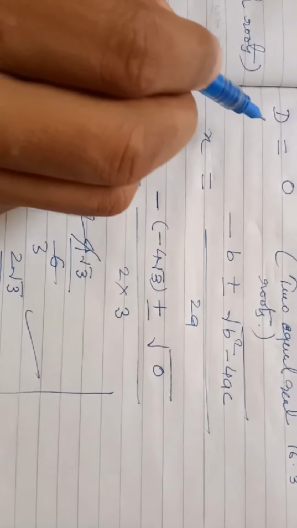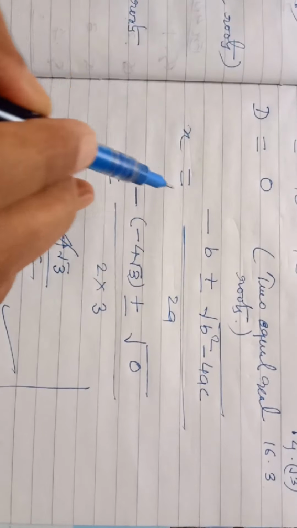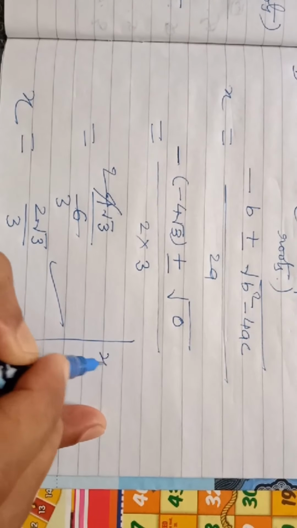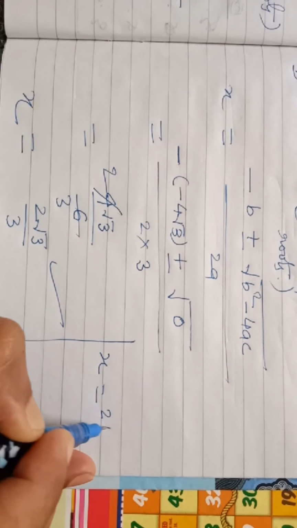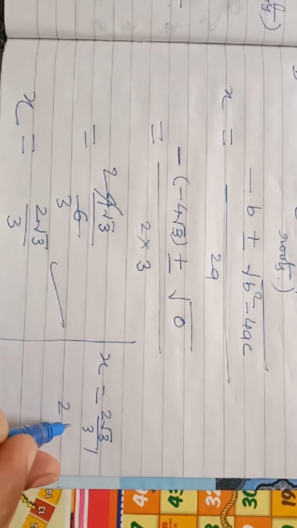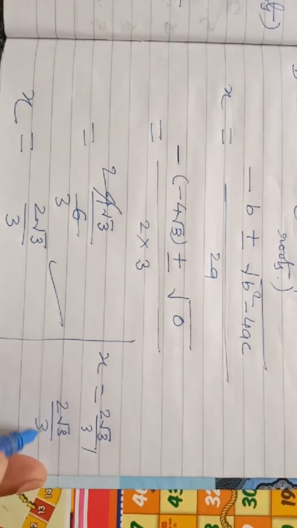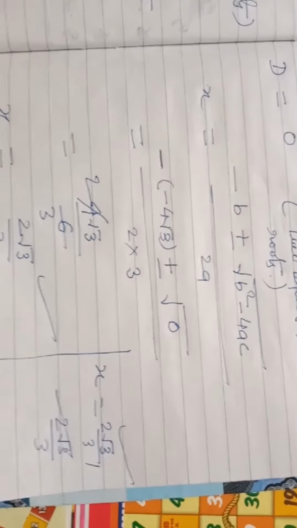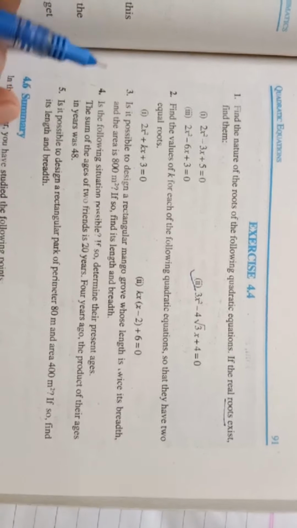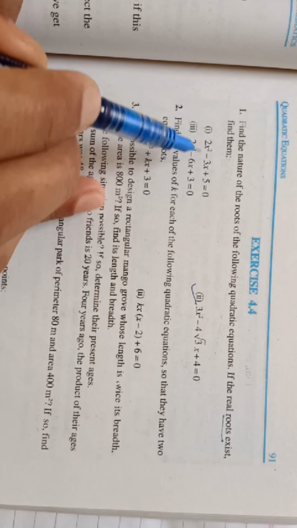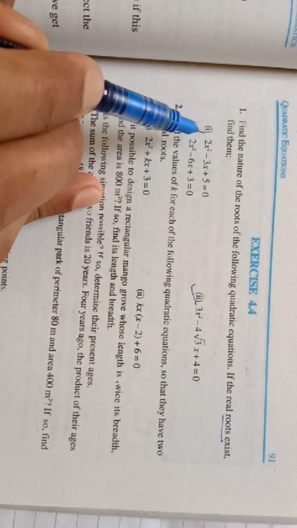Why? Because D is equal to 0, it means the value of the discriminant is 0. So you should write like that: x is equal to 2 root 3 upon 3 as the first root, and the second root also 2 root 3 upon 3. You should write it completely. Okay. In the same way, you should find the discriminant for parts 1 and 3 of question number 1.